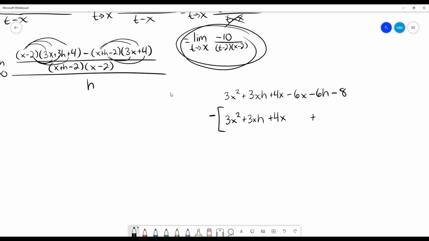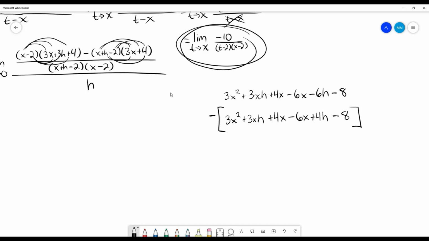Plus 4h, and then I've got my negative 2, so it's going to be minus 6x minus 8.